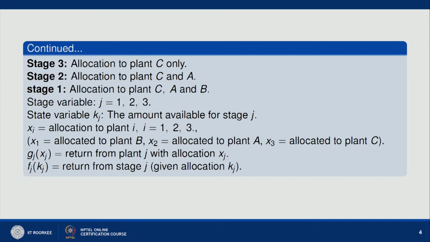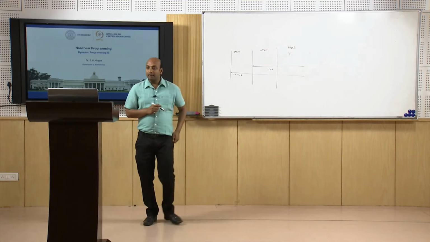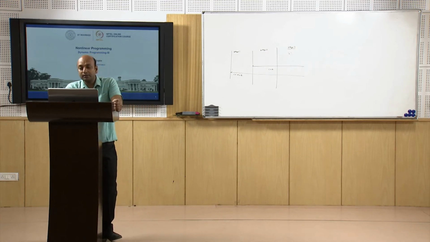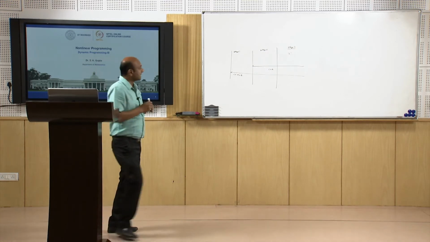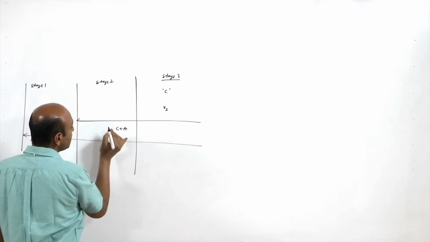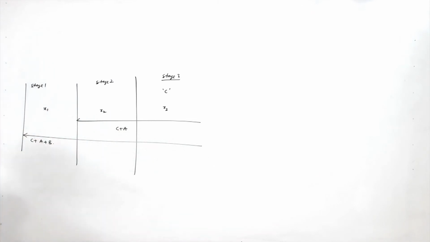Now xi is the allocation to plant i. x1 is allocated to plant B, x2 is allocated to plant A, and x3 means allocation to plant C. So x3 is how much is allocated to plant C, x2 is for plant A, and x1 is allocated to plant B.